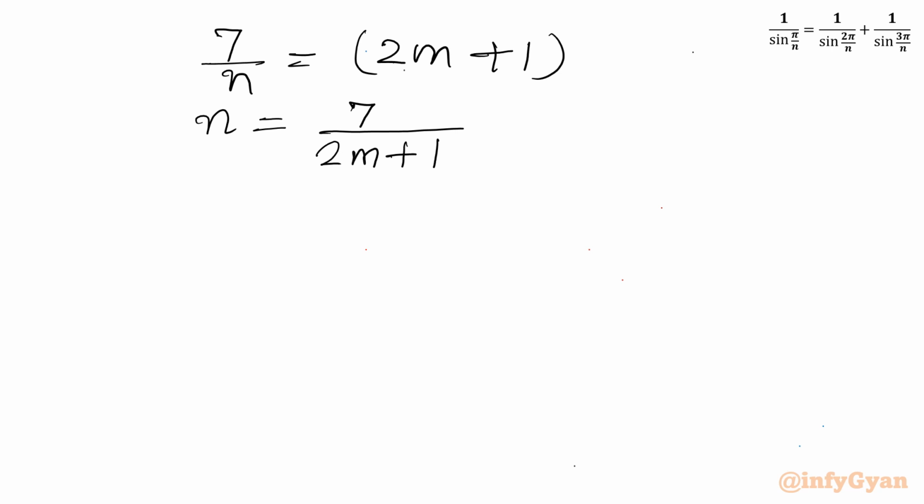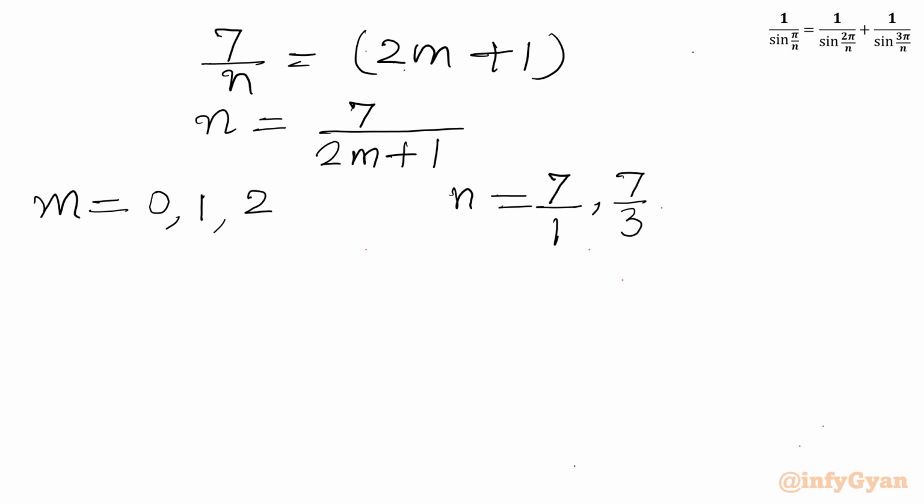Now I will apply the values of m. Let us apply m equal to 0. So n is 7 over 1. M equal to 1, 7 over 2 plus 1, 7 over 3. M equal to 2, 7 over 4 plus 1, 7 over 5. M equal to 3, 7 over 6 plus 1, so 1, and 1 is not accepted, as n cannot be 1.